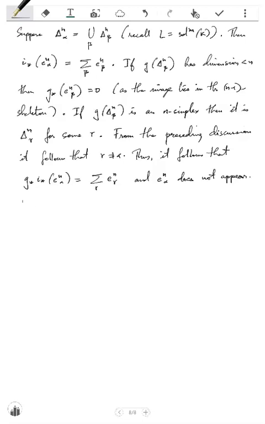So this shows that when we look at the map of free abelian groups, this map has trace 0.